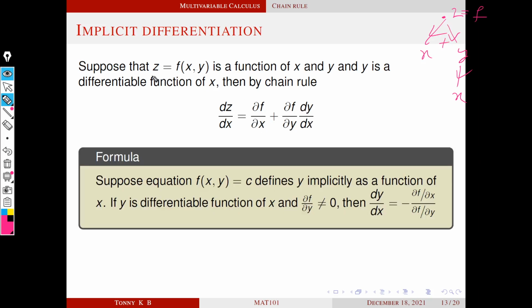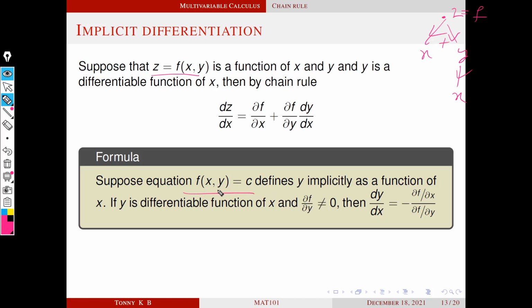Here the relation is explicit, z is in terms of x. Next we consider an implicit relation. Suppose we consider an equation like this, f(x,y) equal to c. Maybe this relation is implicit, right? It defines y implicitly as a function of x. Then how to find dy/dx? First we are going to differentiate this equation on both sides.